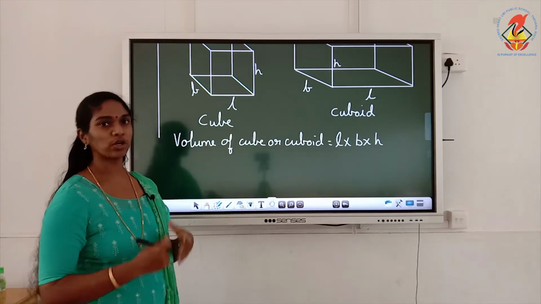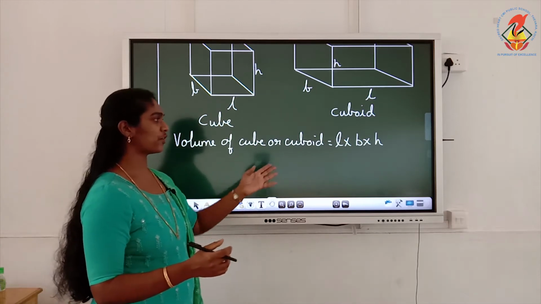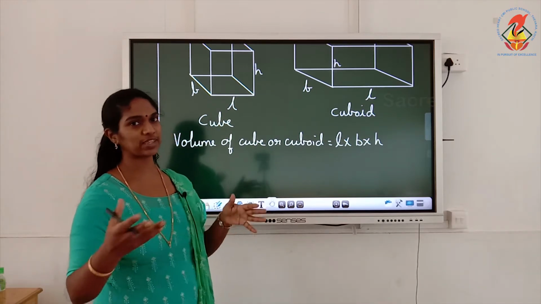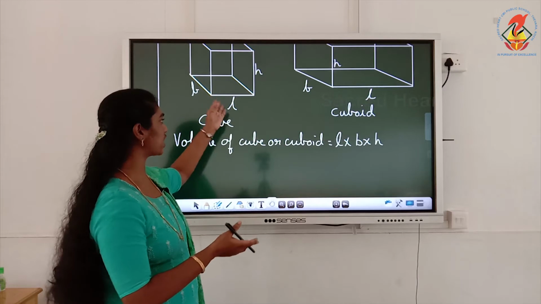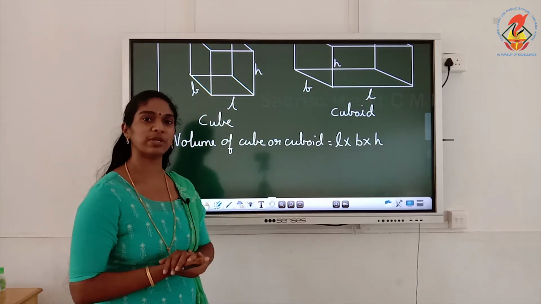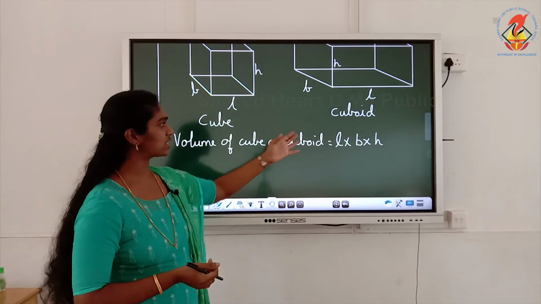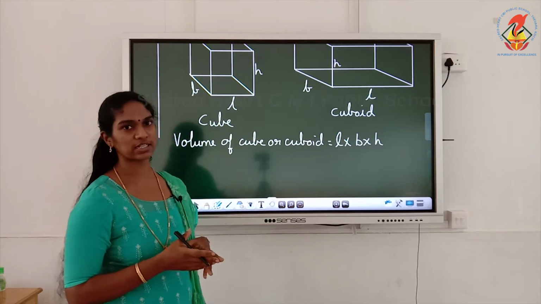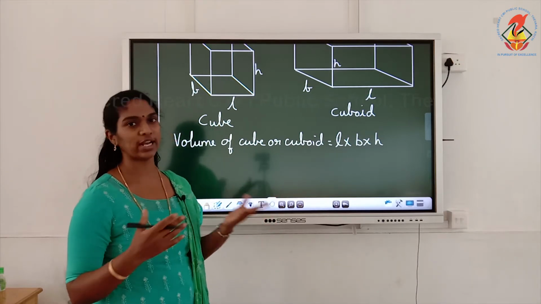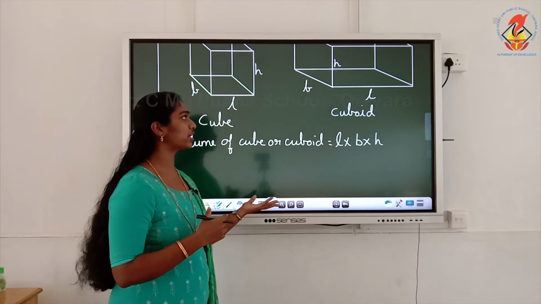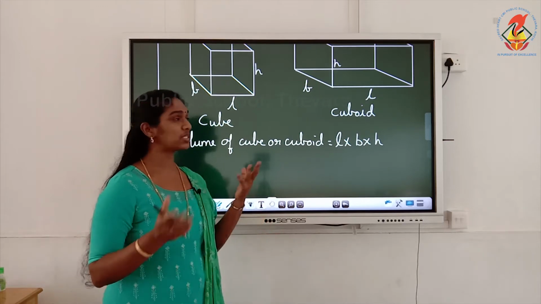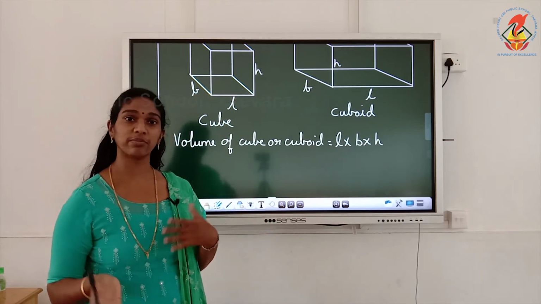The only difference is that for a cube, the length, breadth and height will be the same. In a cuboid, they can be different or equal, it depends. Sometimes the length and height can be the same, sometimes the breadth and the height can be the same.